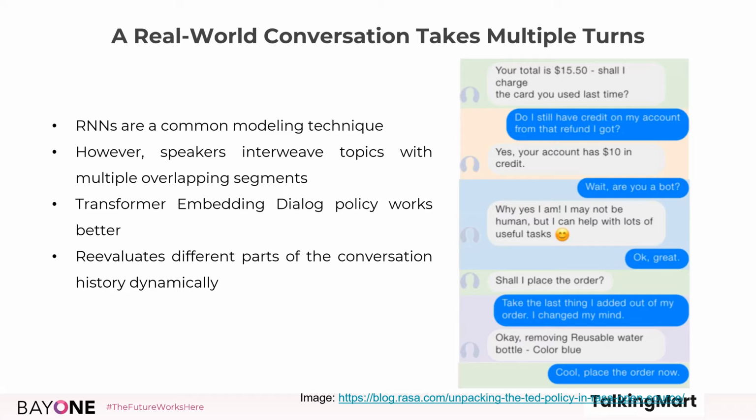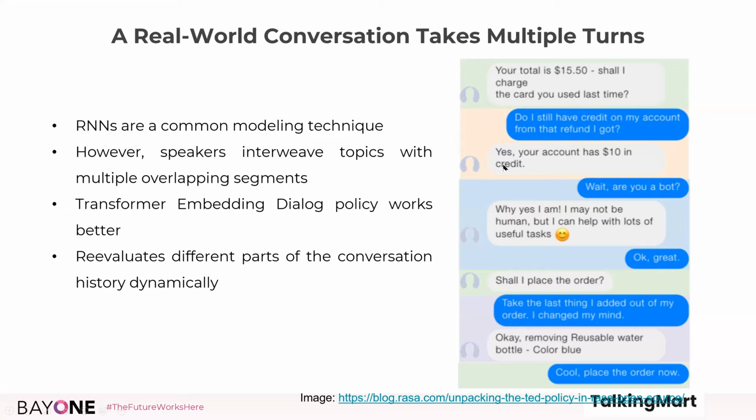Again, the details of these are available online for whoever wants to get into the details of the math. But the idea here is that this particular algorithm evaluates the different parts of the conversational history dynamically. So in this case, the assistant is saying, your total is this much, shall I charge the card you used the last time? And the human is saying, oh, do I still have credit on my account from that refund that I got?